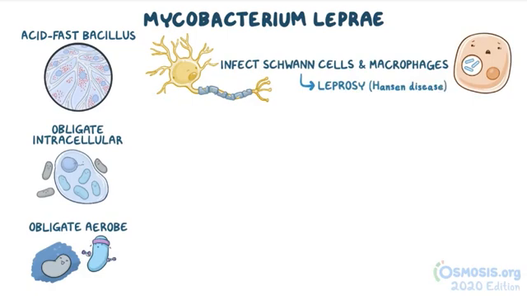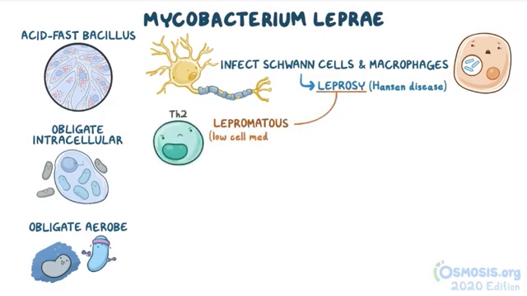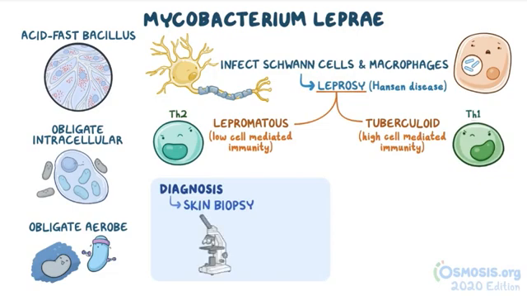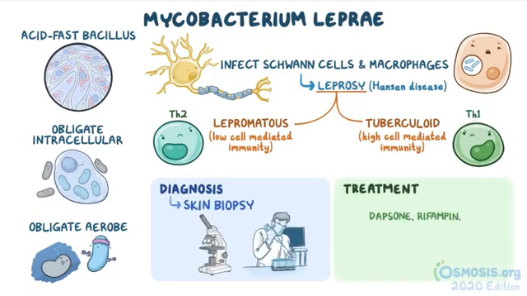According to the type of cell-mediated immunity response, there are two major forms of leprosy: lepromatous, which is the result of Th2 cells, or low cell-mediated immunity, and tuberculoid, which is the result of Th1 cells, or high cell-mediated immunity. Diagnosis can be done by identifying Mycobacterium leprae in a skin biopsy with microscopy or PCR. Treatment is done with dapsone, rifampin, and clofazimine for the lepromatous form, and dapsone and rifampin for the tuberculoid form.